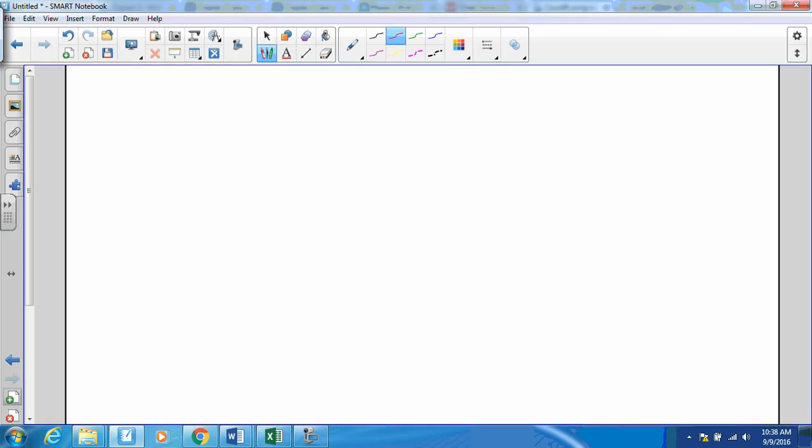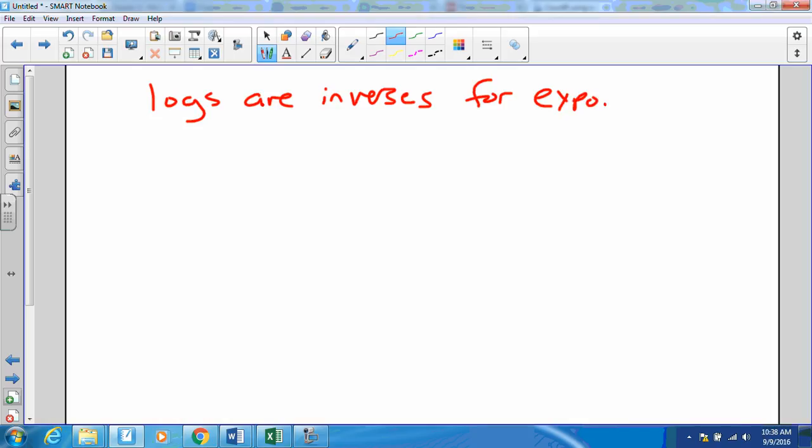The meat of what you need to know about logarithms are, first of all, logs are inverses of exponentials. So if we apply that idea to our exponentials, then we immediately have log base b of b to the x equals x, because my log function and my exponential function cancel, giving me x back.